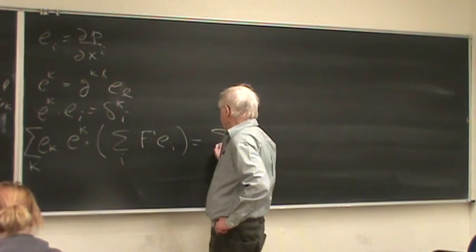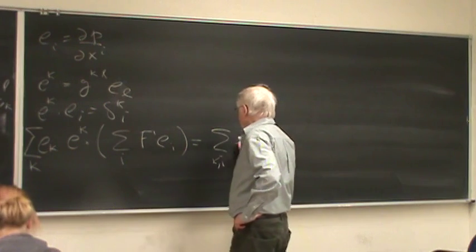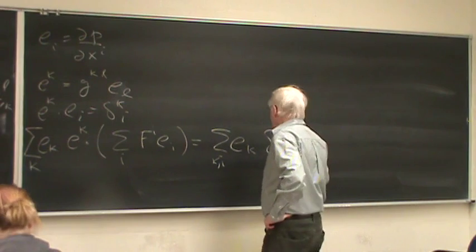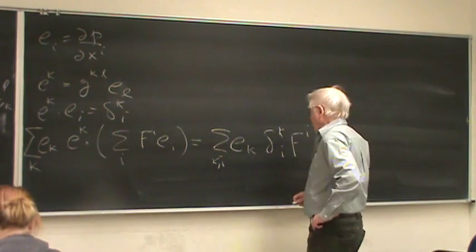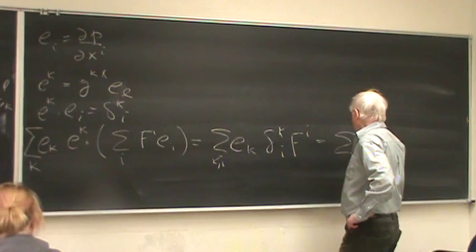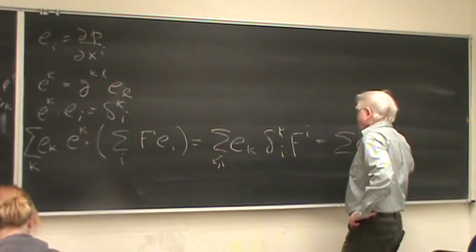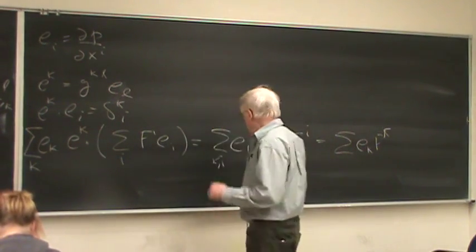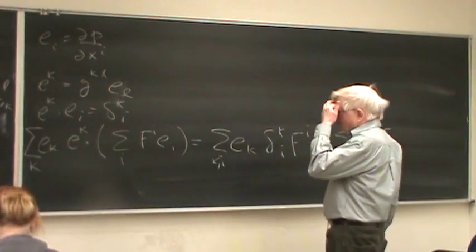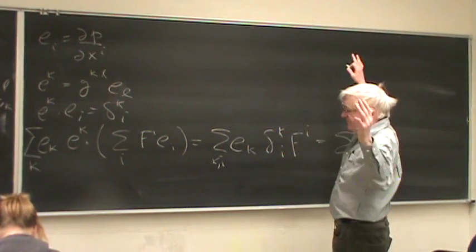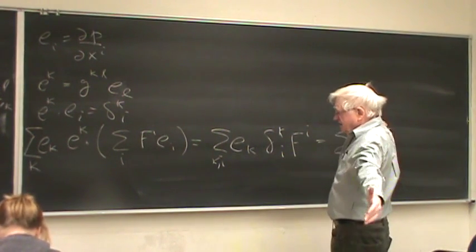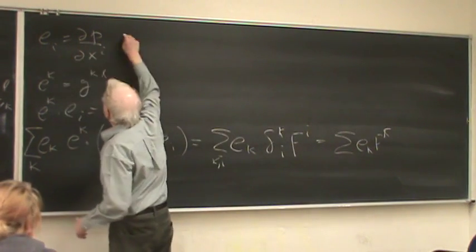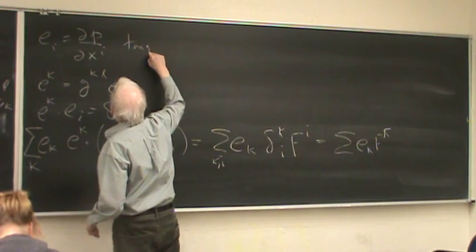And of course, this is a sum over k and i, E_k, delta^k_i, F^i, and then this becomes sum E_k F^k. So this thing is like an identity operator. It's an identity operator not in the full space, the embedding space, but in what's called the tangent space spanned by these things. These are called tangent vectors.